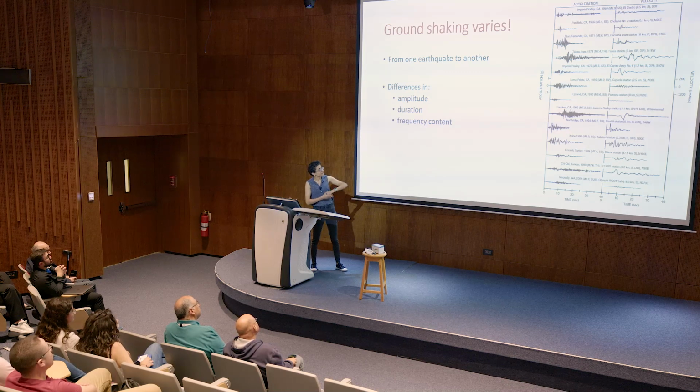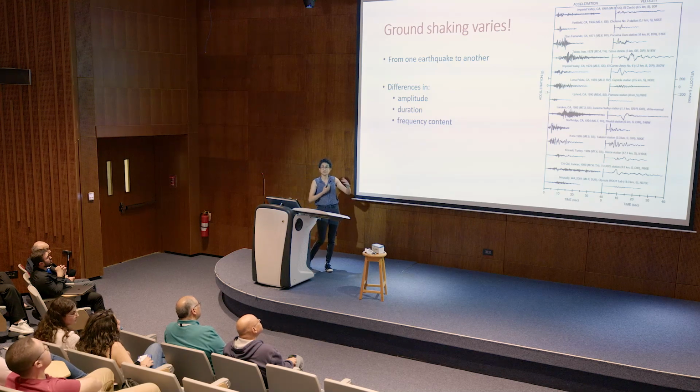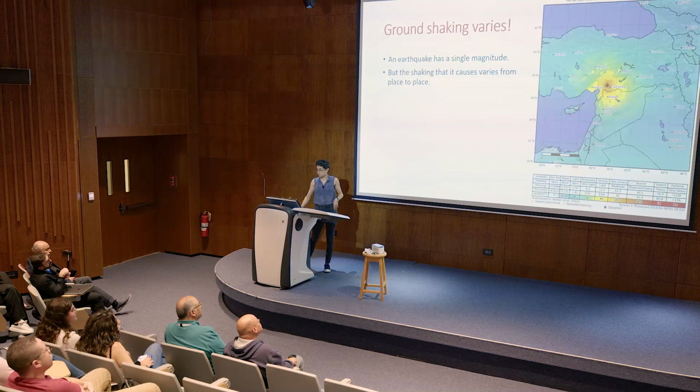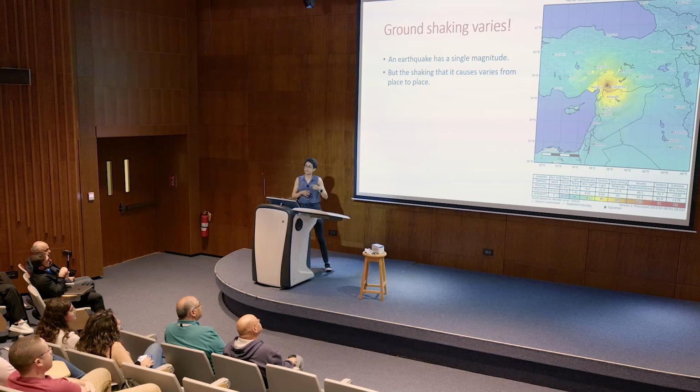You can see here some waveforms from different events at different locations, and you can clearly see differences in their amplitudes, in their duration, as well as in their frequency content. Even for the same earthquake, even though it has a single magnitude, how it's felt varies from one place to another.